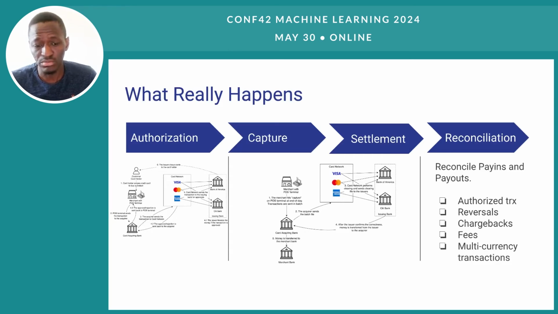So even though you provided the service and the person has gotten either the goods or the service, if you don't capture within, I think for pre-authorization and authorization, 7 to 15 days, then that transaction is reversed. And that's it. You have no legal rights to that money, and the customer has legal rights if you try to capture it, to tell you that it's now their money. So maybe something to note. But yeah, that's what actually really does happen.